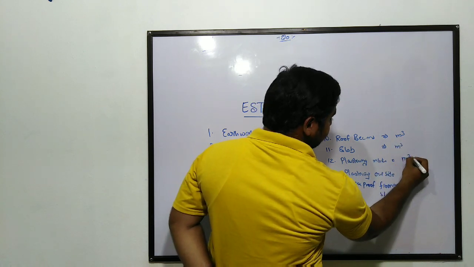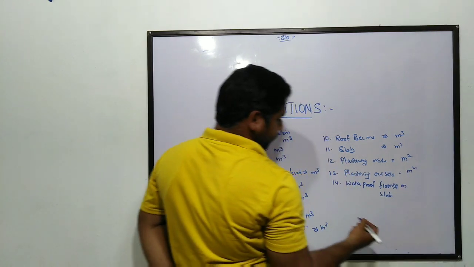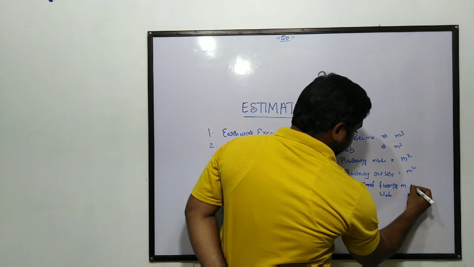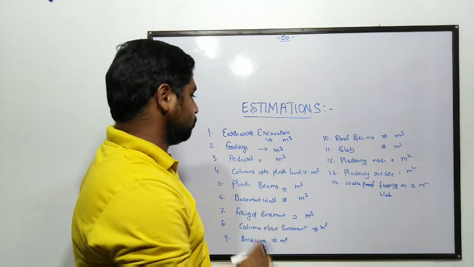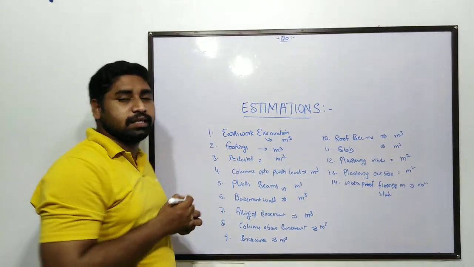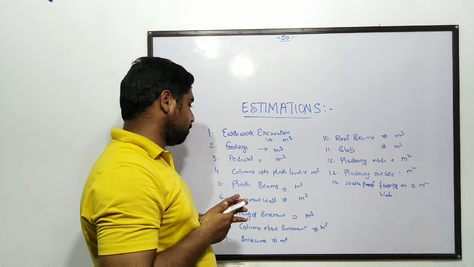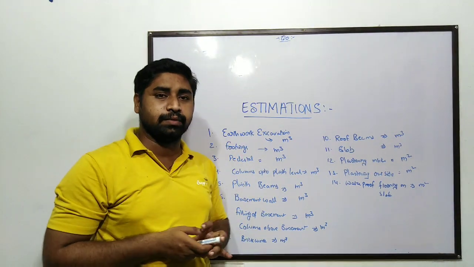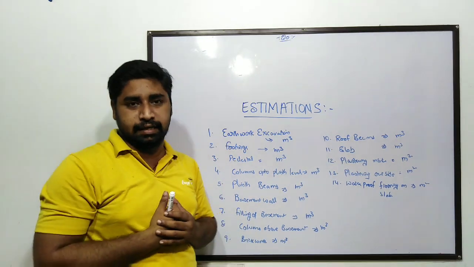Plastering will be calculated in square meters. Waterproof flooring will also be calculated in square meters. So these are the various units of calculation: footings and pedestals in cubic meters, which involves length, breadth and depth or thickness calculation.